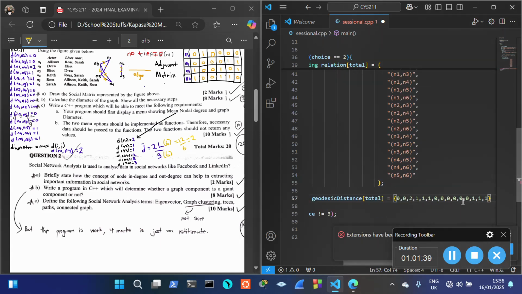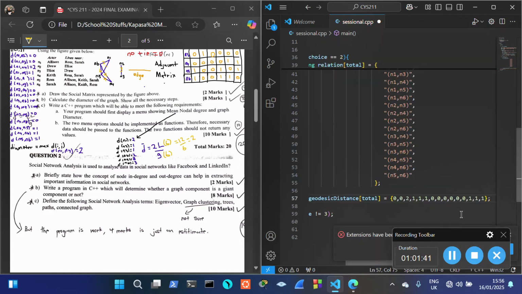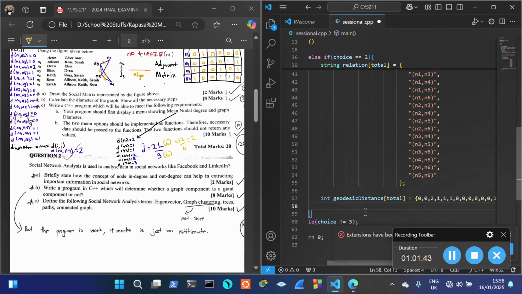Now since that is done, it means we've managed to pass our array. Now remember, the question we are interested in is to print the diameter. I can give an example. We need a for loop to perform this particular thing.